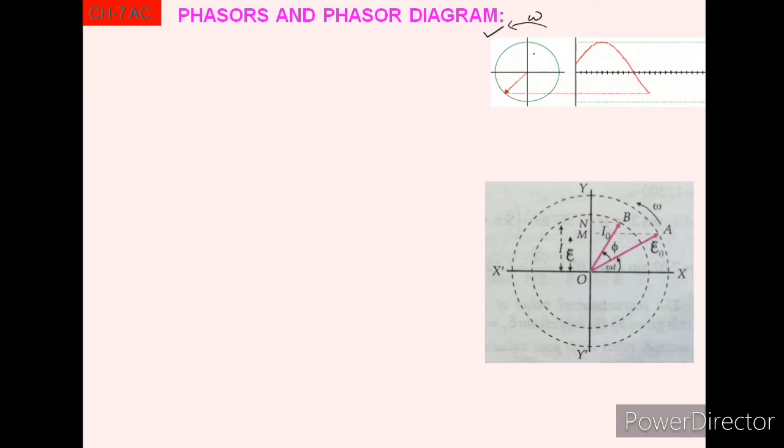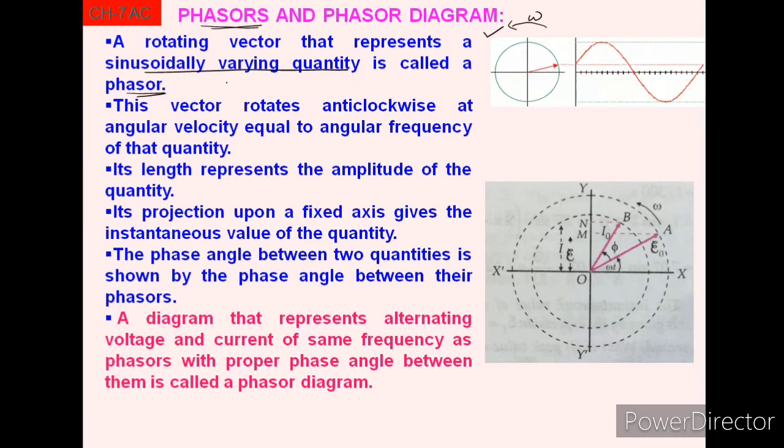So such a rotating vector which represents a physical quantity is known as a phasor. Then this vector rotates in anti-clockwise direction, as you see in the figure, with some angular velocity equal to angular frequency of that quantity. Then its length represents the amplitude of the quantity.